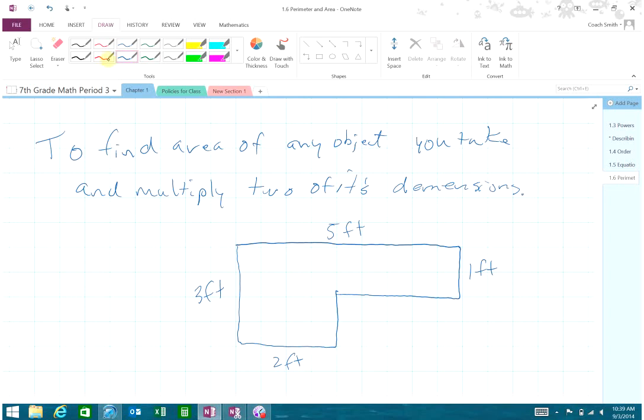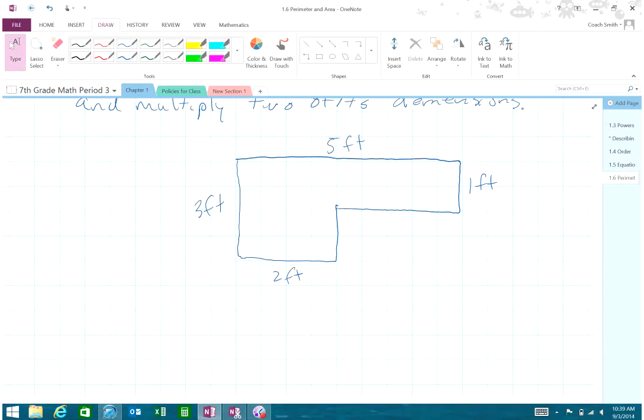All right. So, for me, for the perimeter, I have 1, 2, 3, 4, 5, 6 sides. So I'm going to add up 6 things.